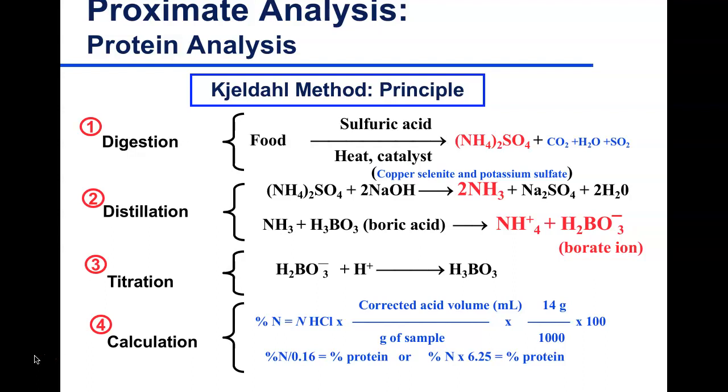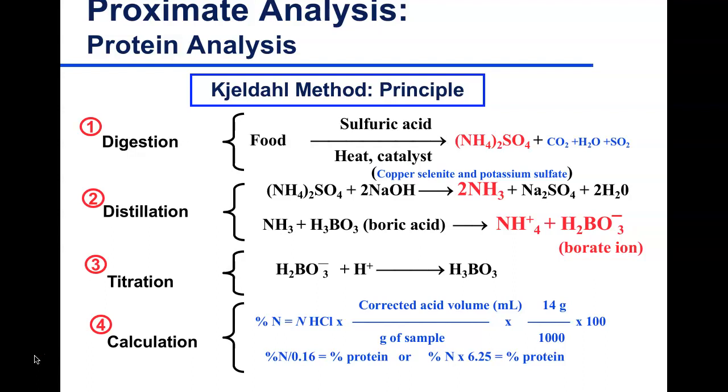Once that's digested, we neutralize this ammonium sulfate. We add sodium hydroxide, which then produces ammonia gas. This ammonia gas can then be distilled into boric acid. So this is how we're able to isolate the nitrogen from everything else.